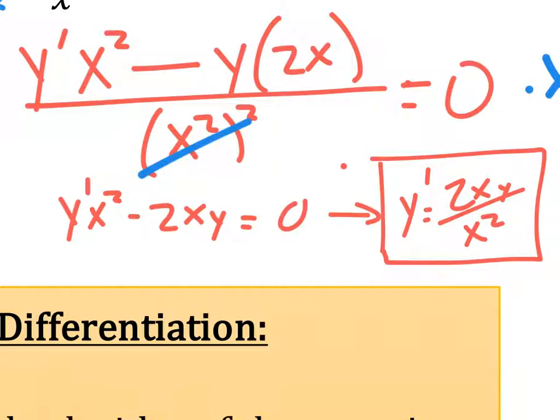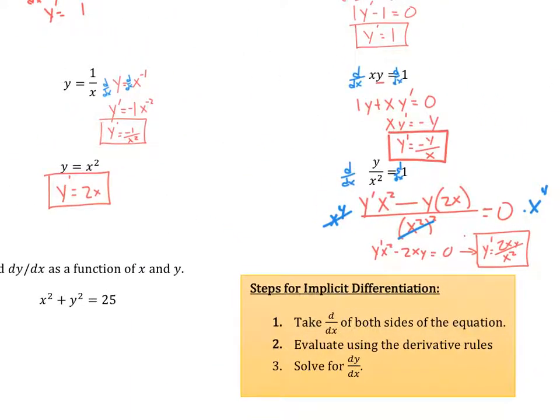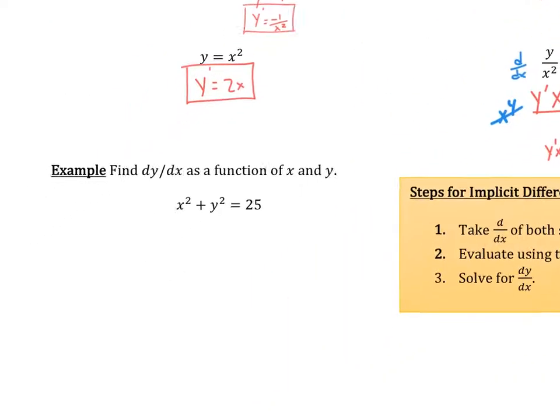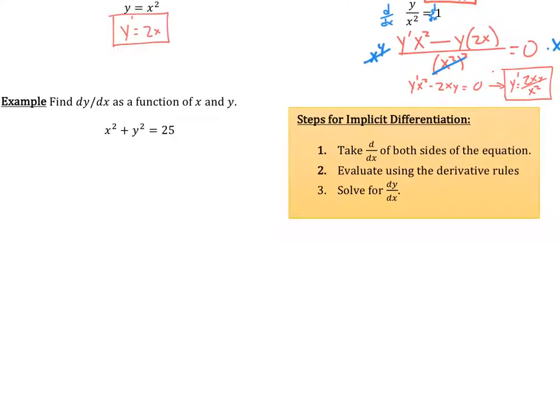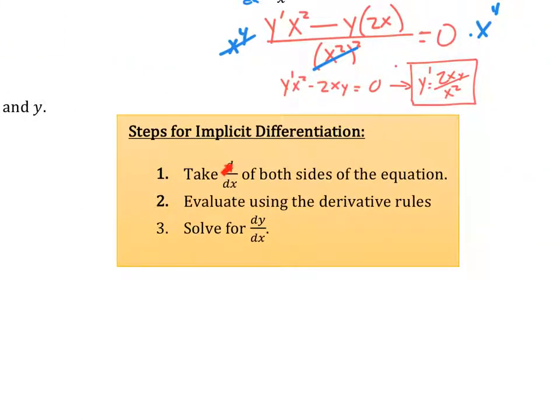All right. So we can find derivatives explicitly or implicitly. Now here are our steps. Our steps are to take the derivative of both sides of the equation, then evaluate using our derivative rules. And remember, use the chain rule.